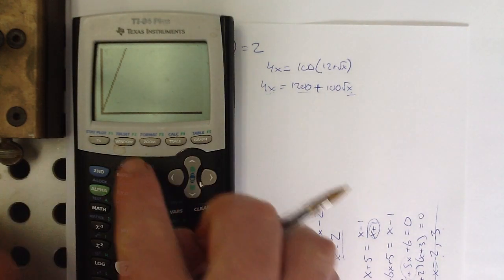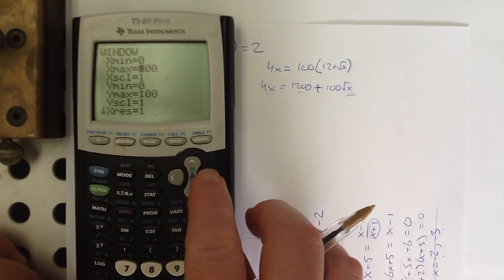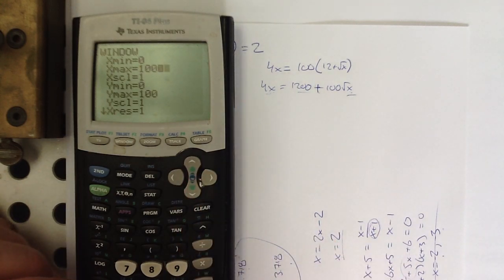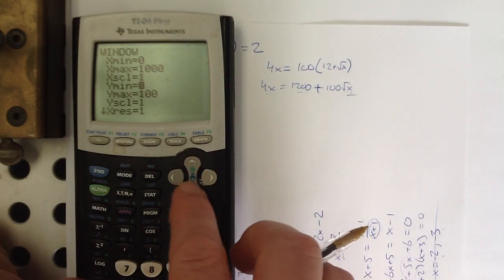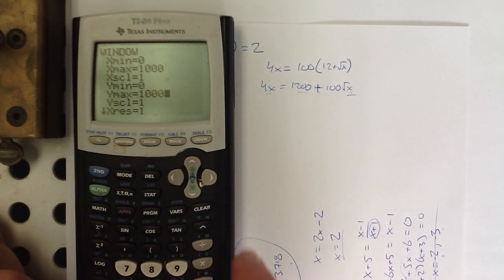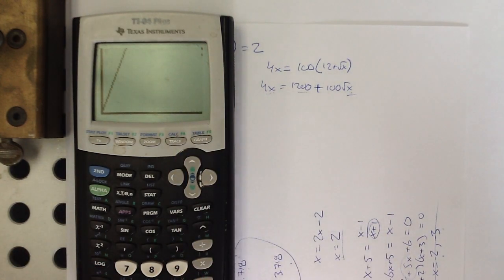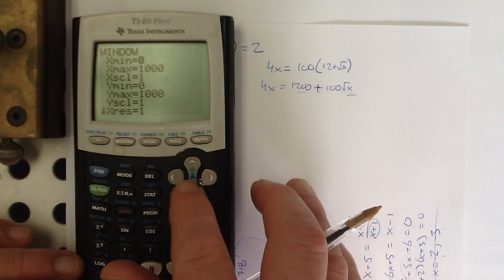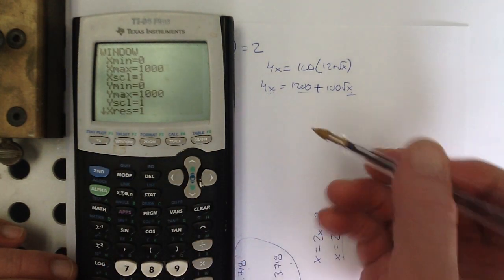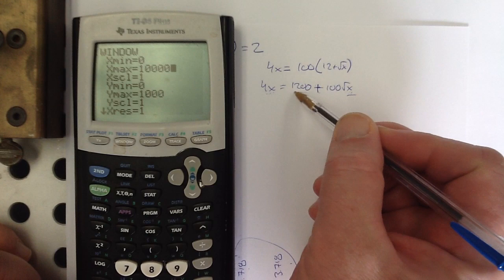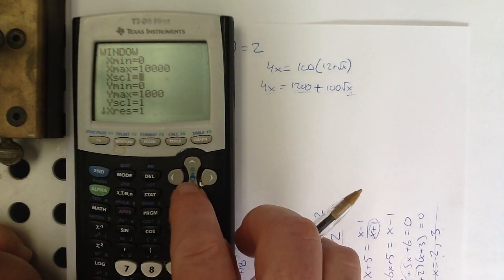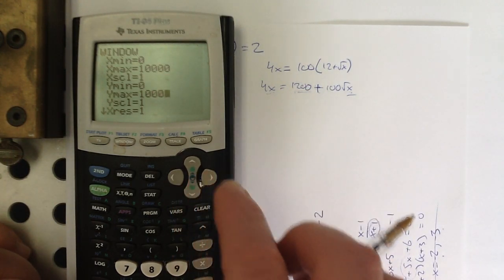Still not enough, so I'm going to go back to the window, and not going to make it 200 and 200. I'm going to add zeros. I'm going to go up by powers of 10. Still not enough. Go back to my window. I mean, that's already bigger than 1,000, so it's not super surprising that I haven't seen the solution yet.